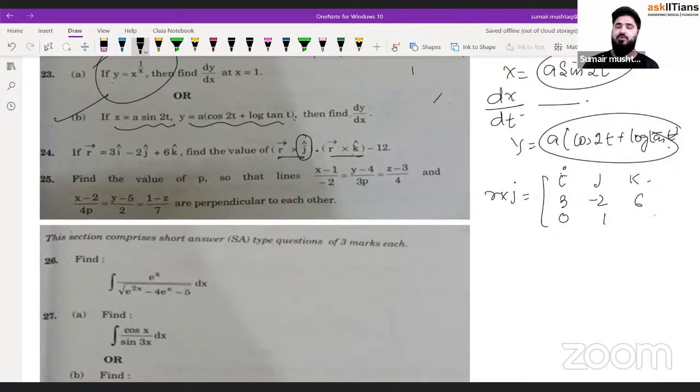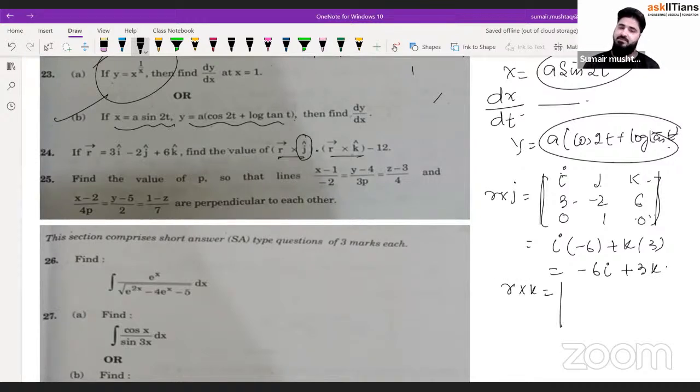This is 0, 1 and 0. Find its determinant. Okay, find the determinant of this thing. What will be its determinant? This is i times 0, this will be minus 6, right? j times 0, and k times, yes, this is 3. So its value will be negative 6i plus 3k. Okay. Now you need to find r cross k.